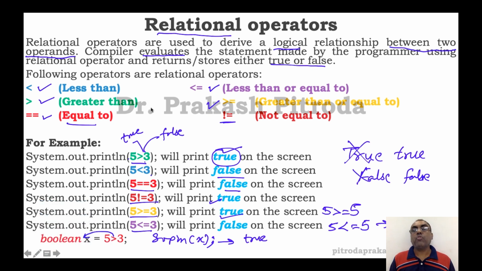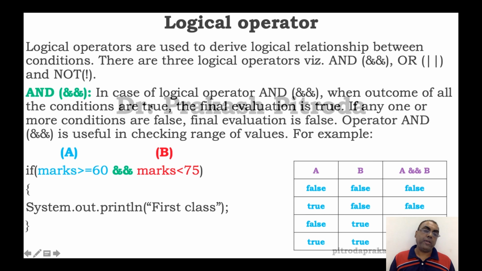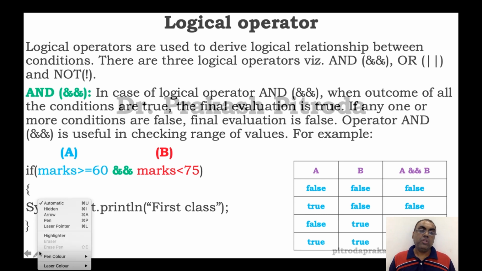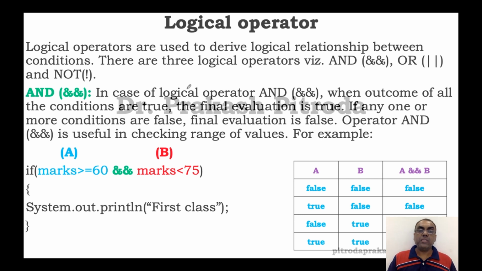Then the next set of operators is called logical operators. So here you have multiple conditions. We have seen this previously also, but again I'm revising operators. Logical operators will help us establish a relationship between conditions, not one, more than one condition, two or more.